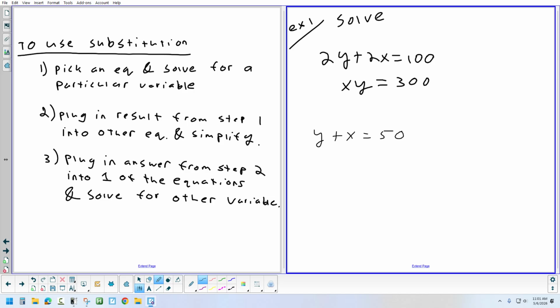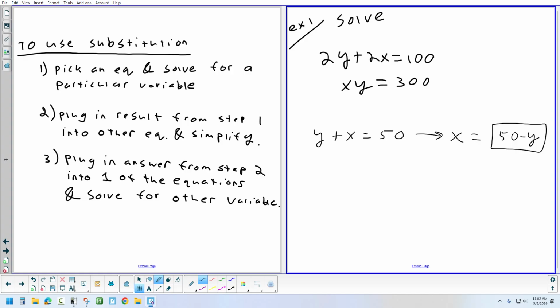And then you said to solve for what letter from there? Pretty sure you can solve for any one. Yep. So let's go for x. Okay, so let's solve for x. If you solve for x, what will be in that box? Yeah, 50 minus y.